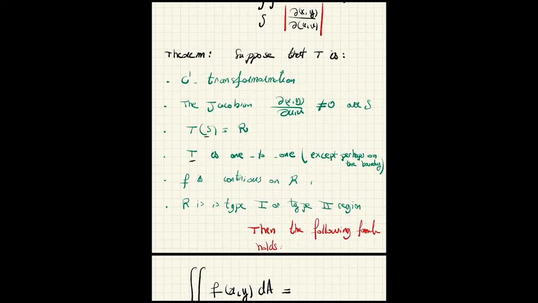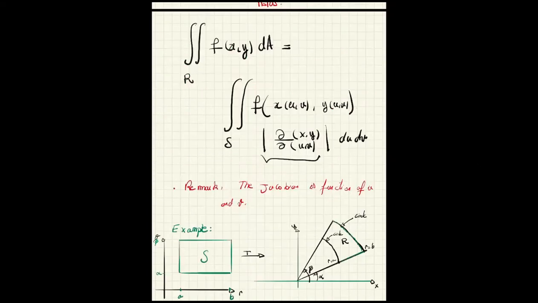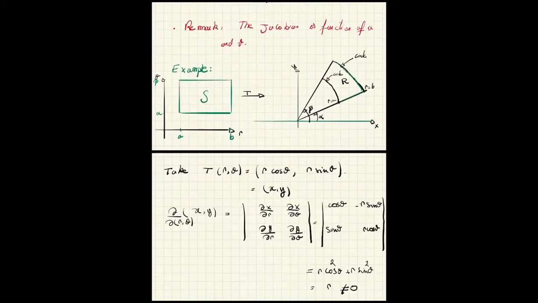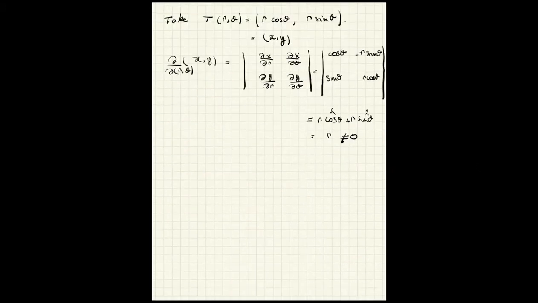And T of S equals R, and the Jacobian is not 0. So here it maps S to R. It's obvious, boundary to the boundary and the inside with the inside. It's one-to-one. You have to check it, but I'm not going to do it. Just make sure that you solve an equation of when 2 points give the same point, check that they are different, and that's it.